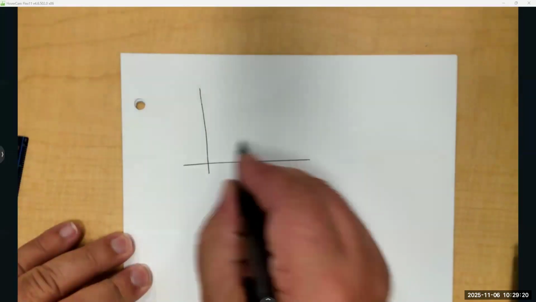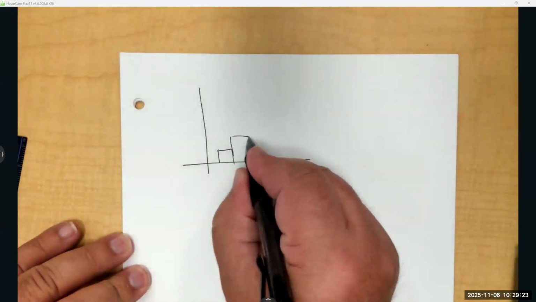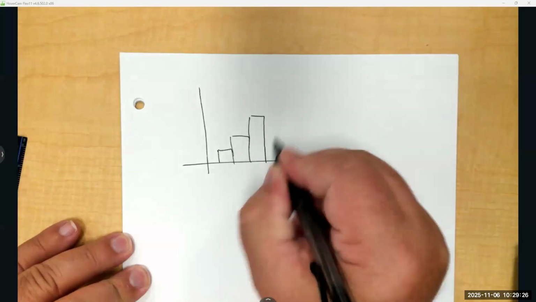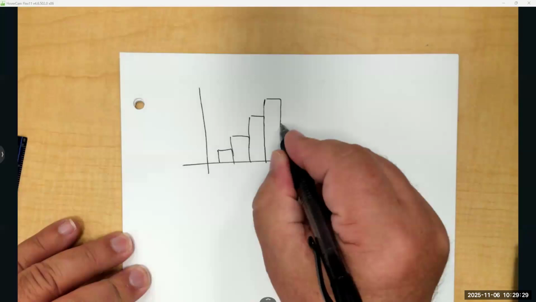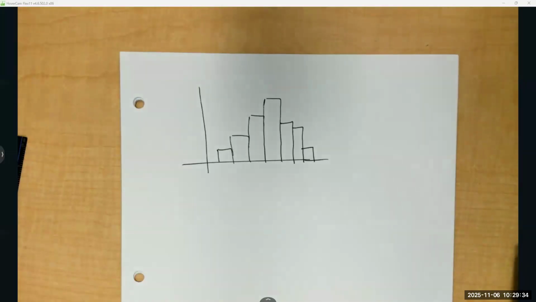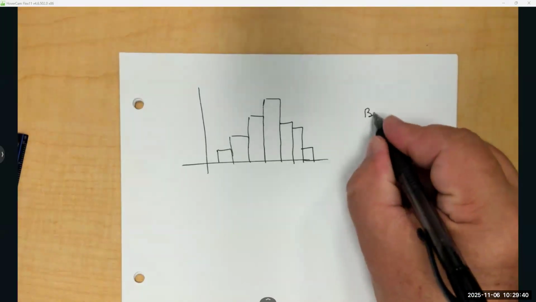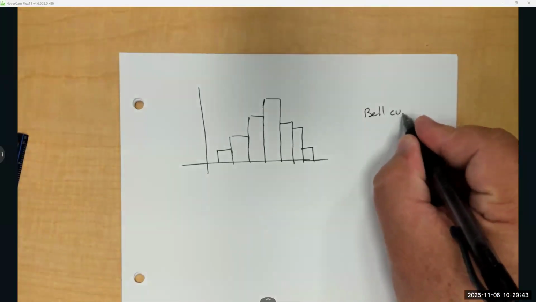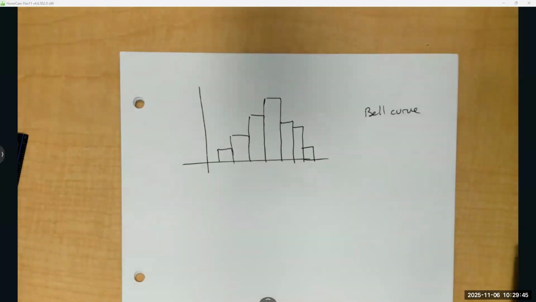Okay. Somebody said earlier, when we did the histogram, if it looked like something similar to this, what did we call it? What's that called? Right. We're going to do a bunch of bell curve calculations later on in this course when we deal with proofs of hypotheses.